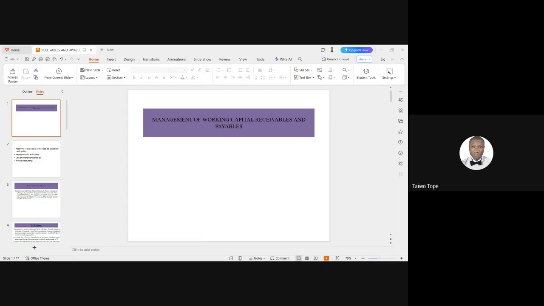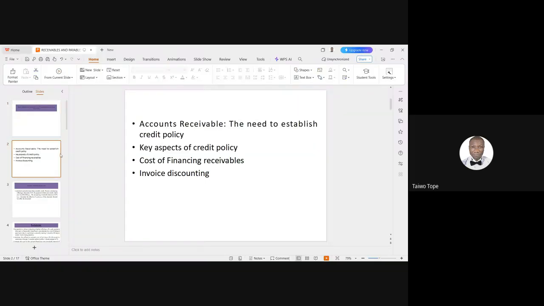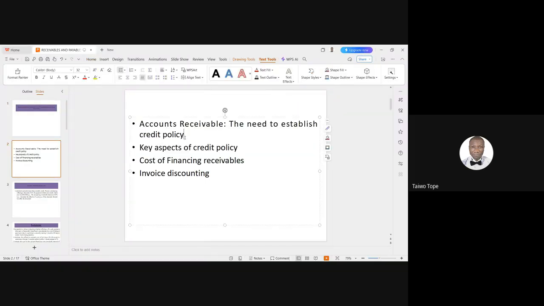Let's look at the situation of managing the trade receivables. For this class, I don't have a particular note anyway, but I have a guide. Now, to manage accounts receivable, they need to establish a credit policy.